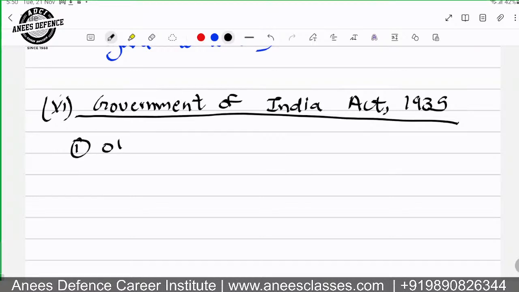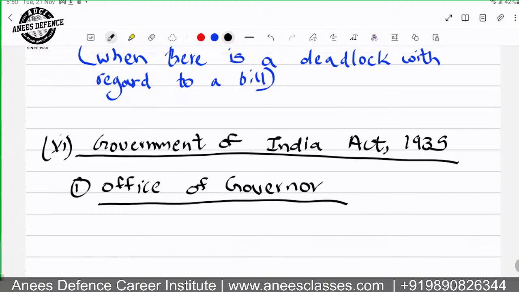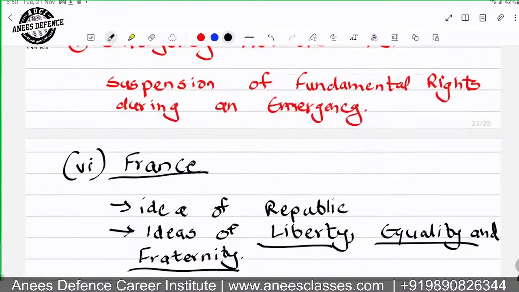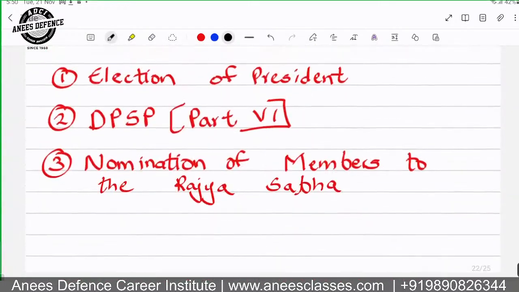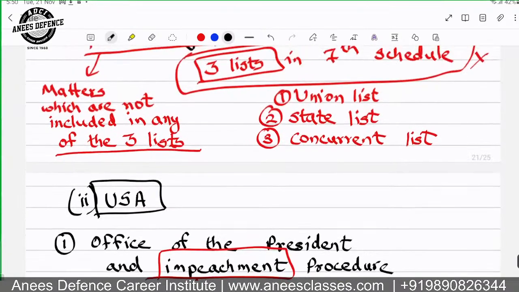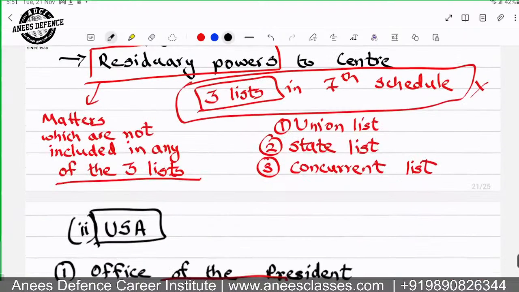From this act, we have adopted the Office of Governor. You might be confused here because in the above part we have written that appointment of governor is according to the Canadian Constitution, but the office of governor is taken from the Government of India Act of 1935.